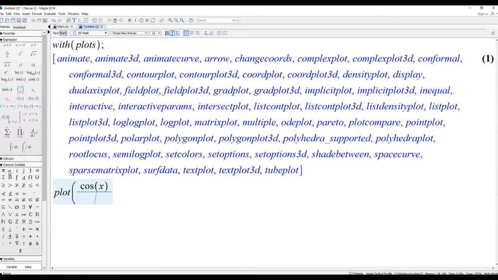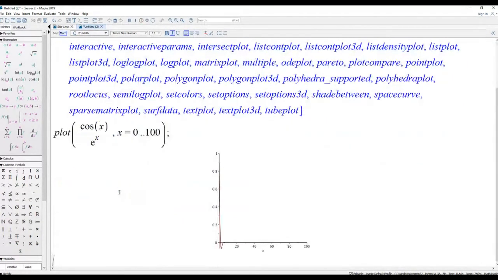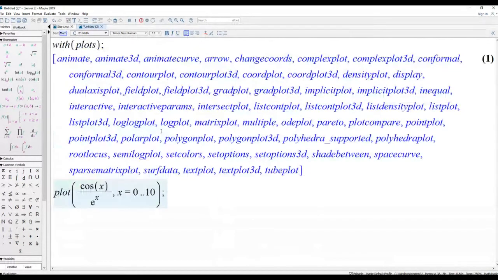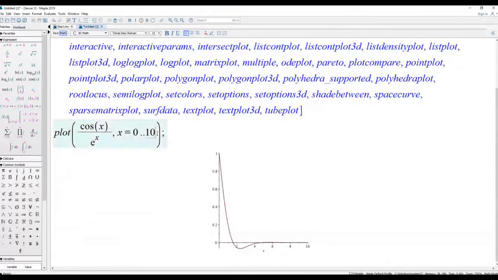If you're not familiar with all the commands, you've got this sort of common symbol thing over here. Let's go off to, let's say, 100 or something. Okay, so let's see what that does. Let's go down to 10. You don't even have to specify it, right?